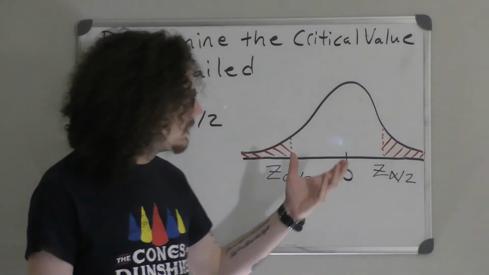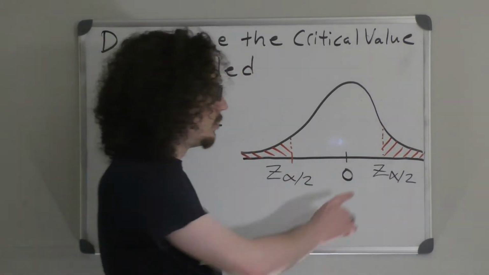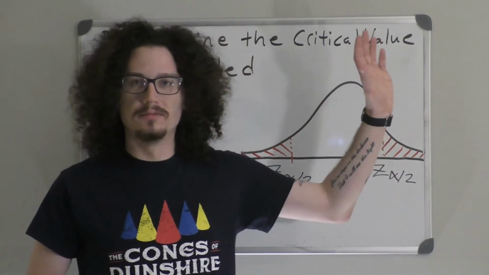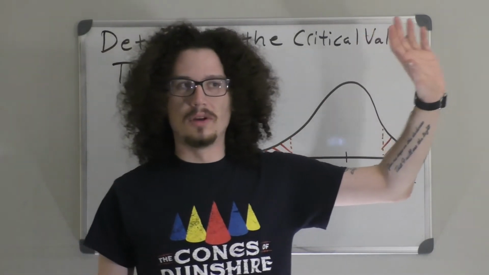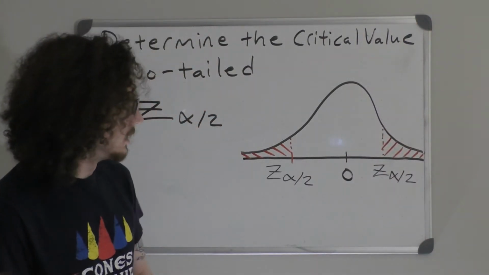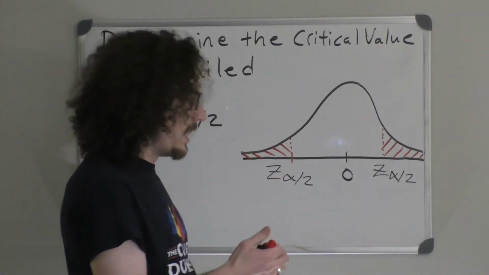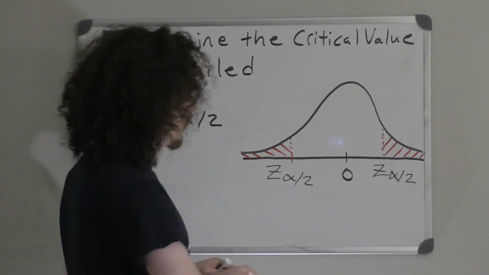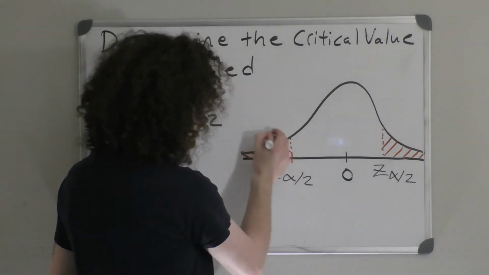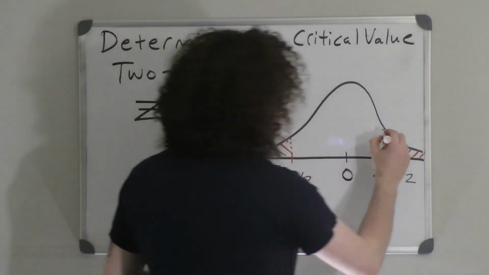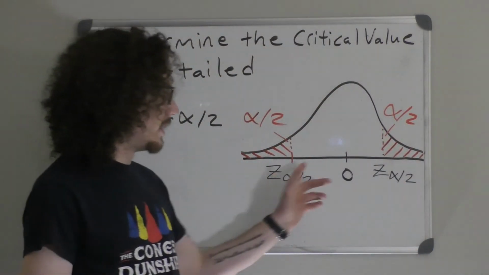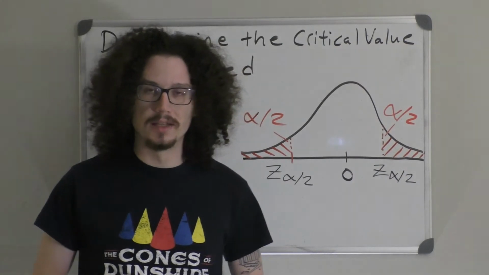Essentially, if we land in these, it's very unlikely that the null hypothesis is true. We'll get into that in a little bit as well. The area under the curve in these rejection regions equals alpha, so individually, they equal alpha divided by 2 in the case of a two-tailed test.